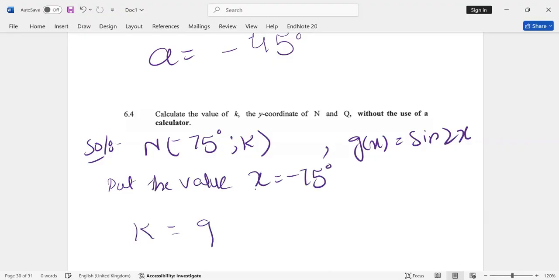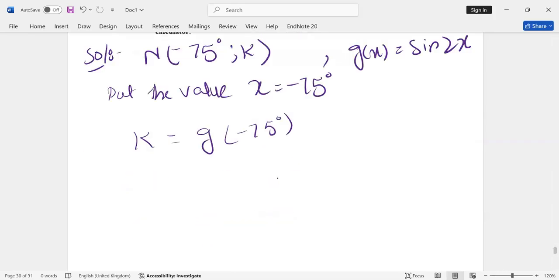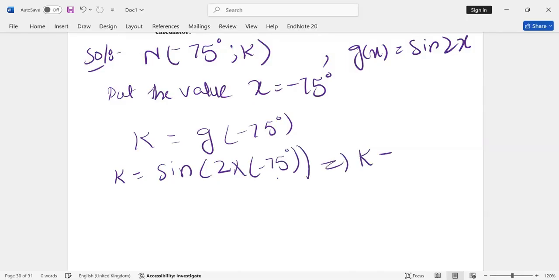What we get is k equals g(-75 degrees), so k equals sin(2 multiplied by -75 degrees), which gives k equals sin(-150 degrees). So k equals -sin(180 degrees - 30 degrees).